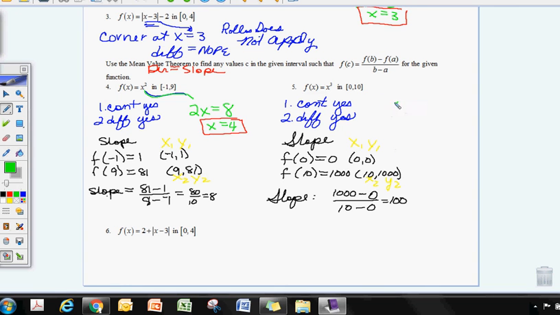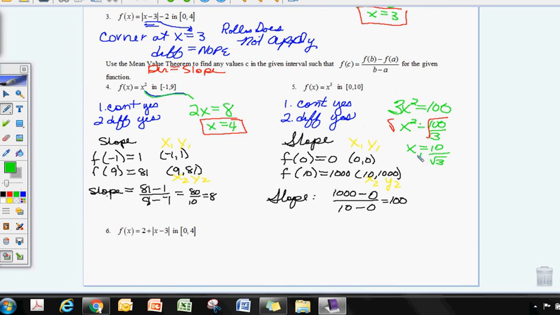Last part, the derivative. 3x squared is going to equal 100. X squared is going to equal 100 over 3. X equals, now remember, I've got to take a square root and a square root, and x is going to equal 10 over square root of 3. Now somebody's going to say, Kendall, you forgot plus and minus.